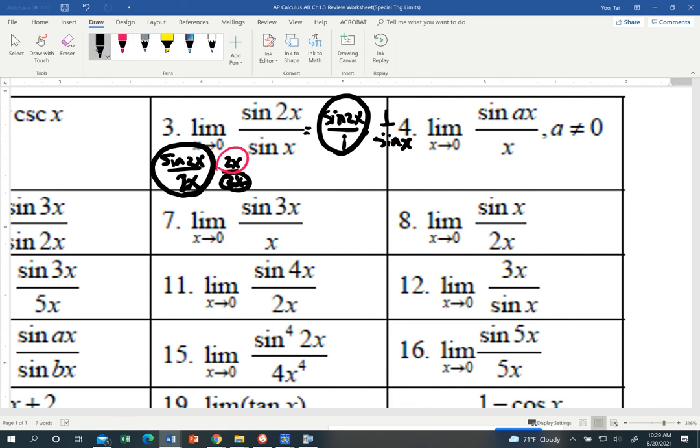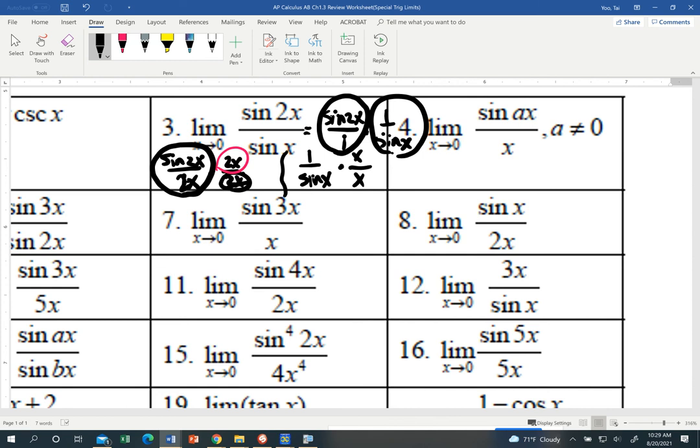Okay, now I need to take the second part, which is this one. So I'm doing work separately. I have 1 over sine x. So what's the trick? What do I need to multiply top and bottom by? X. I need to multiply by x over x. Which x am I taking and moving over to where?